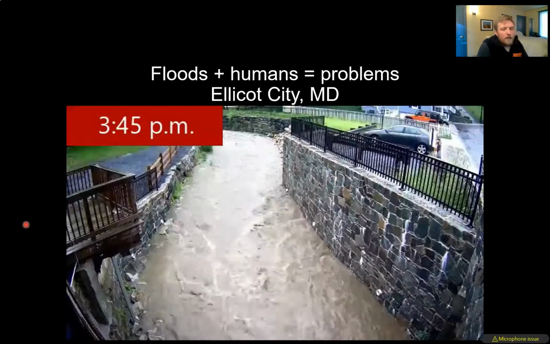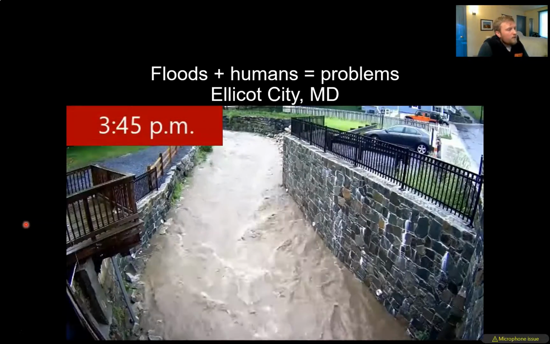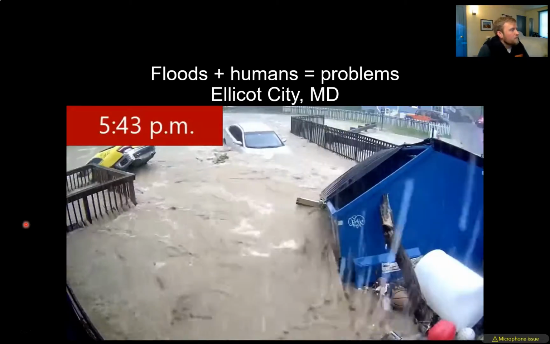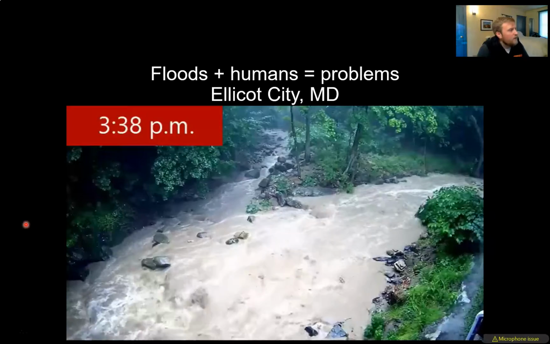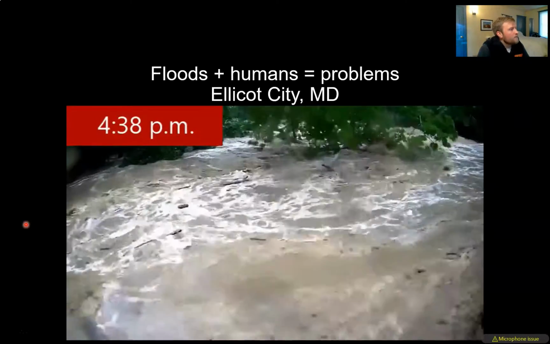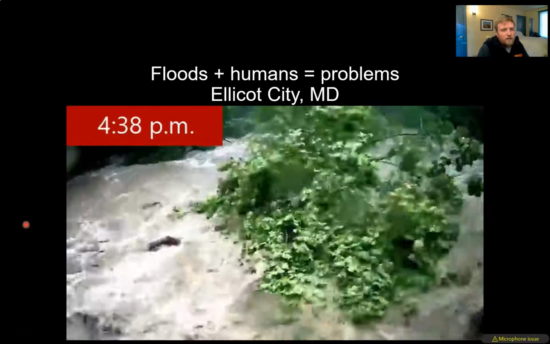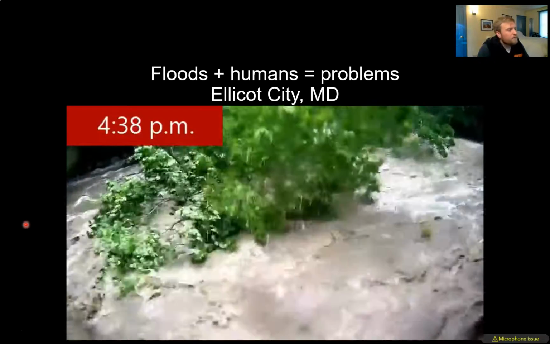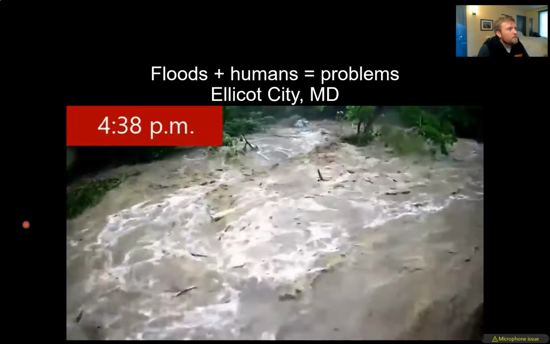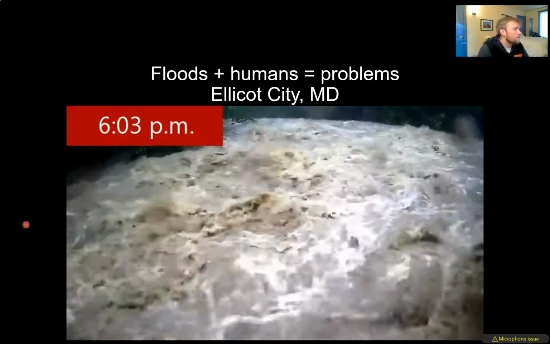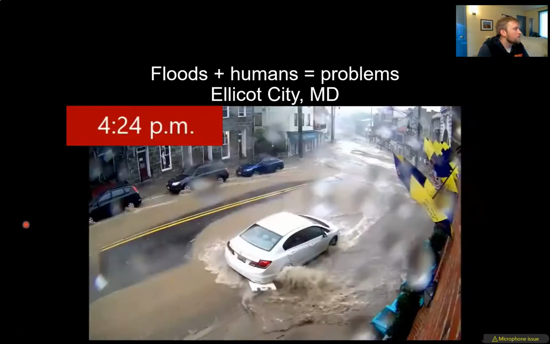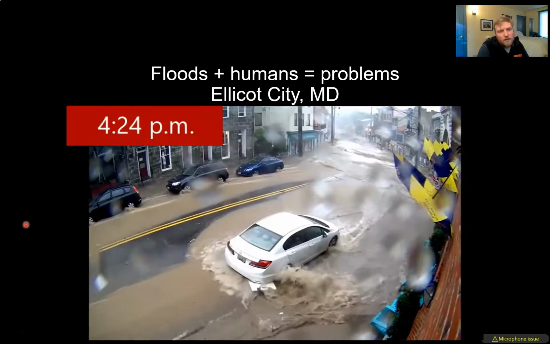Okay, so this is the beginning of the rainfall. Right now, you see the flood level going up. Oh, flood is all the way up, carrying cars. Now it is ripping up the forest. Here's Main Street, right?